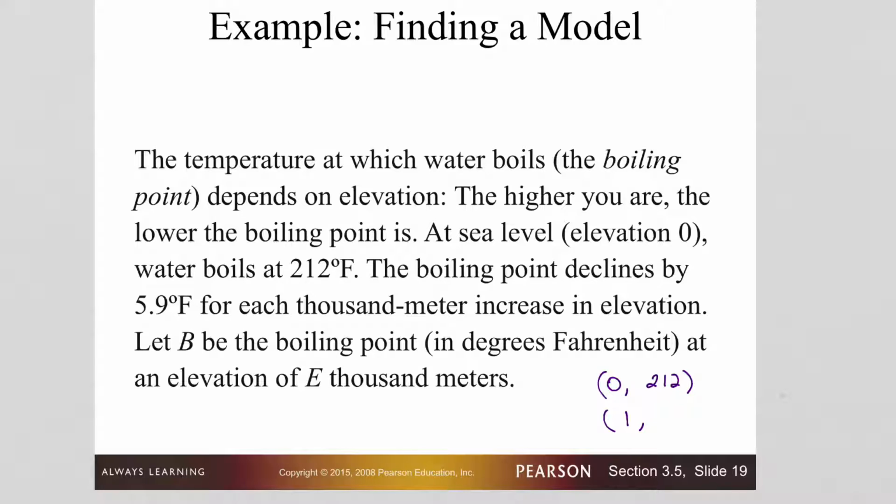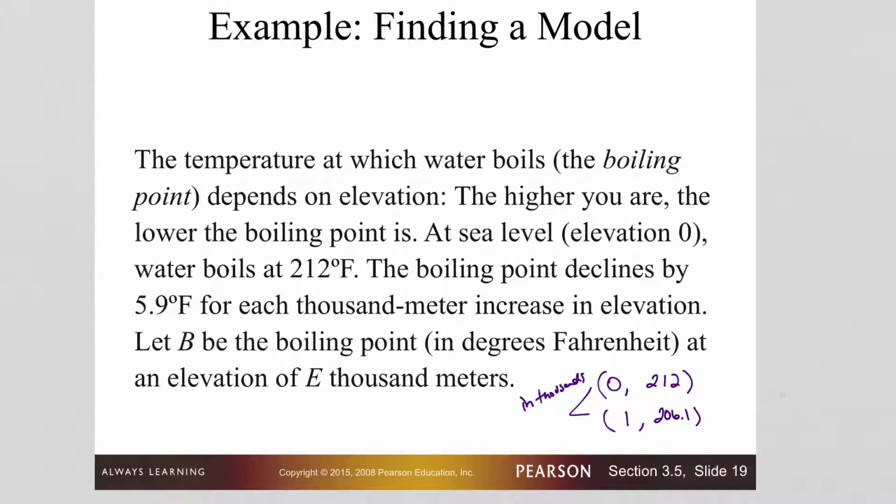Now, why would I talk about 1? I'm going to say that my x's are in thousands of feet. That way I'm not dealing with huge numbers. And at 1,000 feet, I know that my boiling point is 5.9 degrees less than 212. So my boiling point would be 206.1 degrees Fahrenheit. Okay?